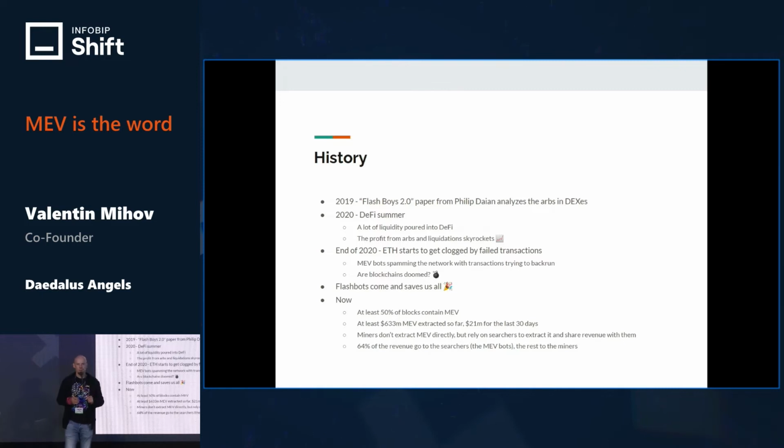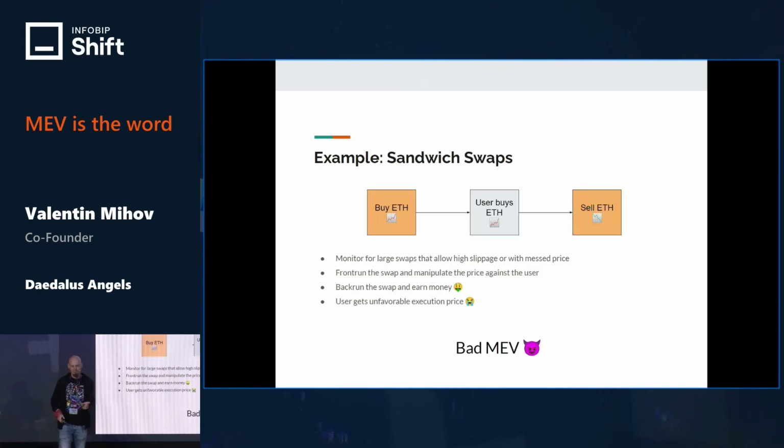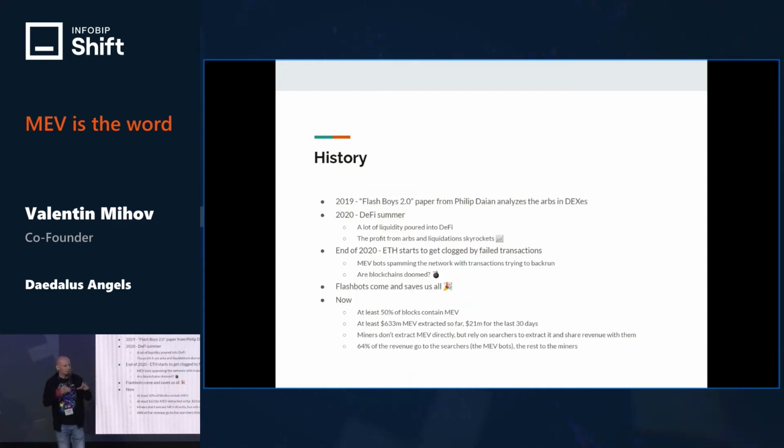If you remember these 3 examples that we saw, for the sandwich swap, we saw that it's a front run plus a back run. So here you need to insert a transaction before and then insert a transaction immediately after the victim. What turned out is that it's very easy to front run transactions on the blockchain by just giving a higher gas fee.